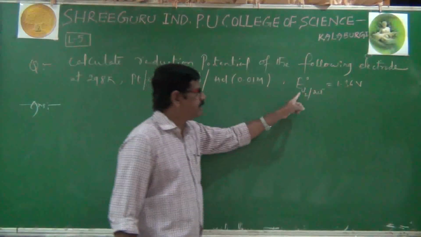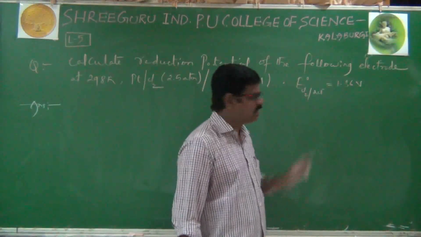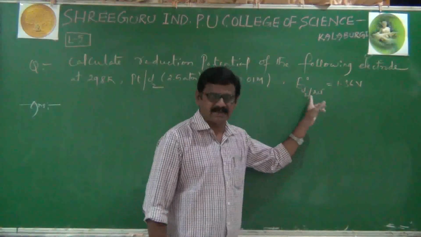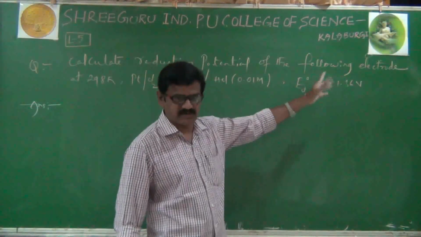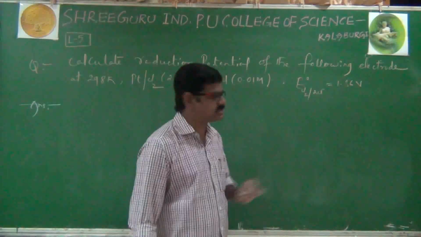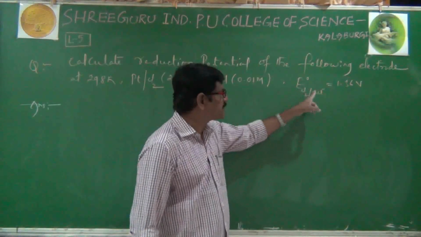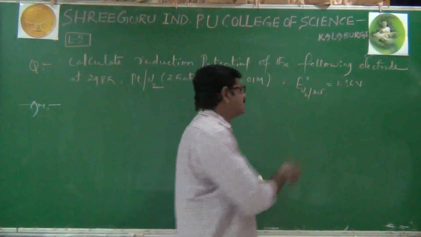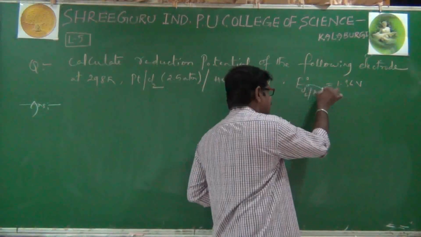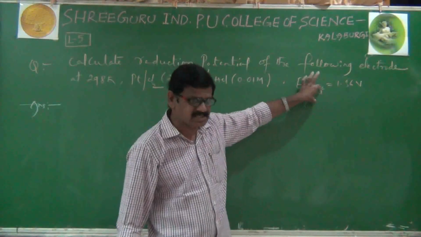Now E0 of Cl2 | 2Cl minus is 1.36 volts. Of course, it is a standard reduction potential of chlorine. Why are we saying it is a standard reduction potential? Because E0 indicates standard condition, and Cl2 is converted to Cl minus. Cl2 has oxidation number 0, converted to minus 1. A decrease in oxidation state is nothing but a reduction process.